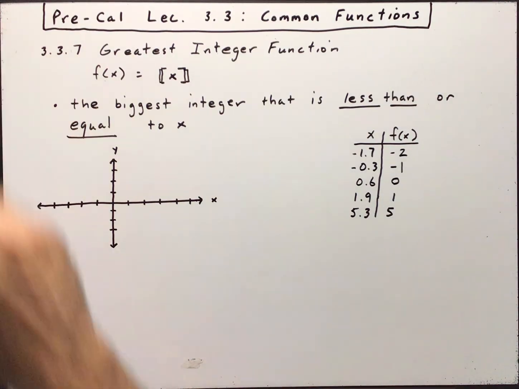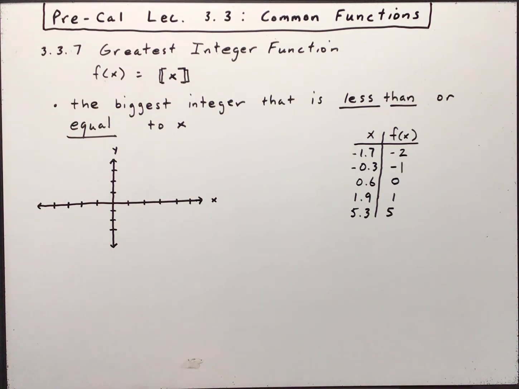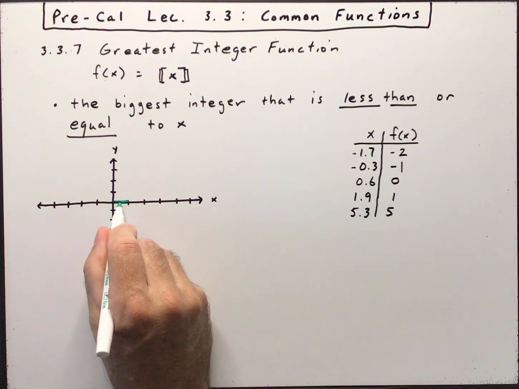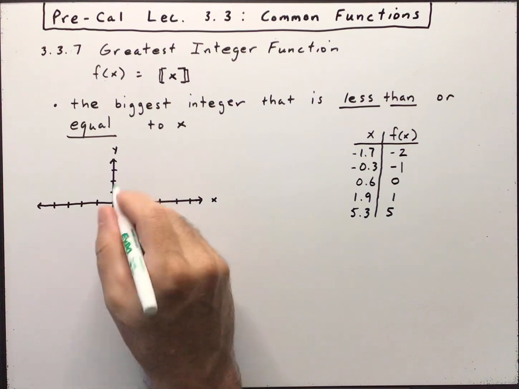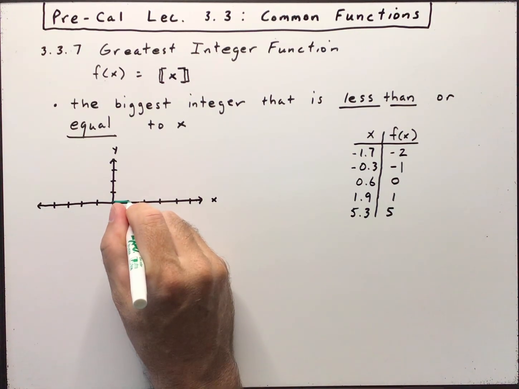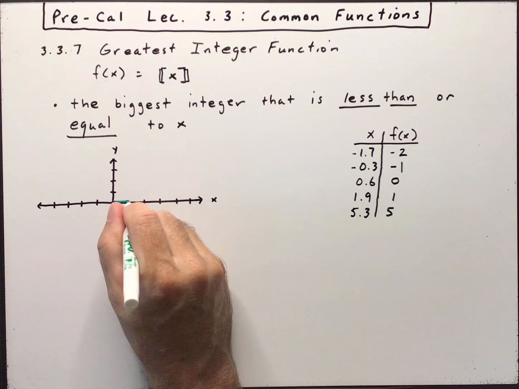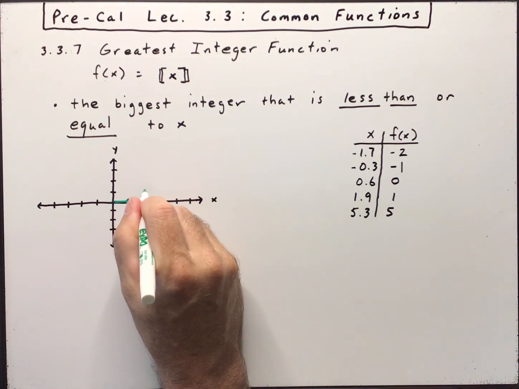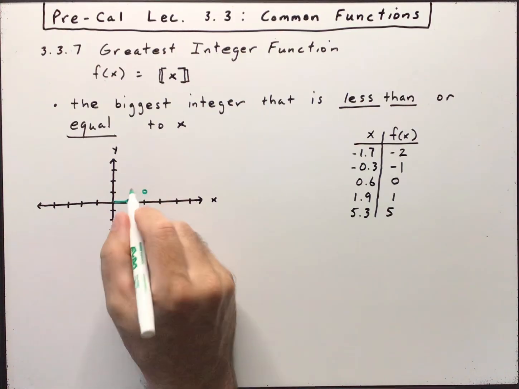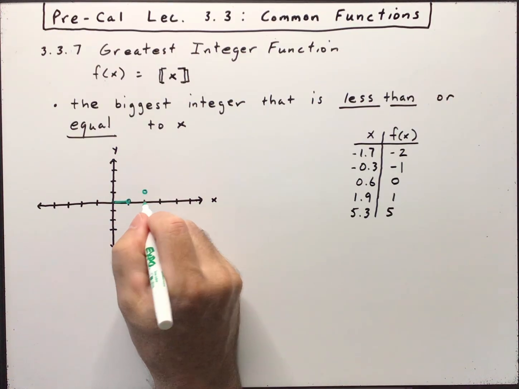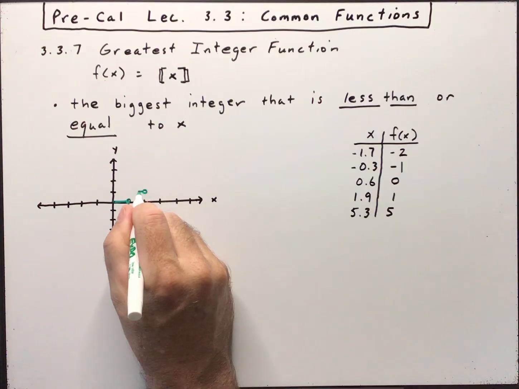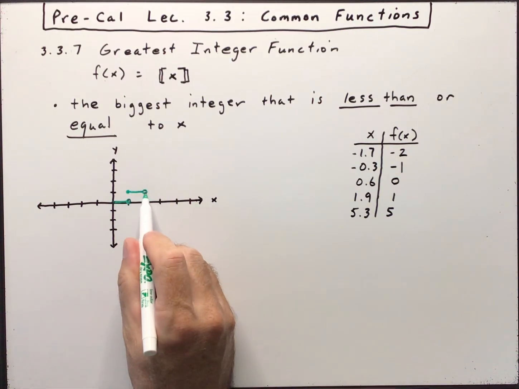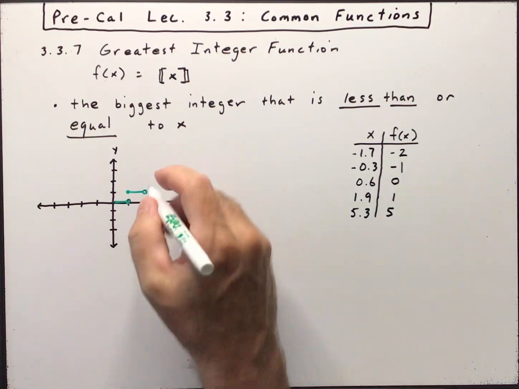Okay, so what you have, for any number less than 1, it rounds to 0. But you don't include 1. So if x is 2, it would round down to 1, except if it's 2. If it's 2, it rounds to 2.